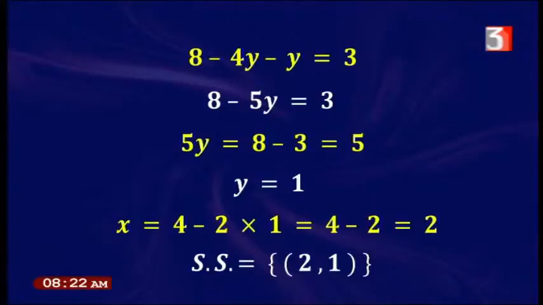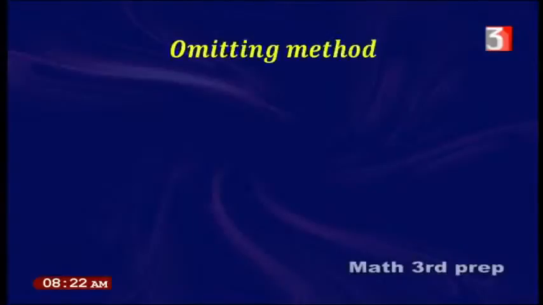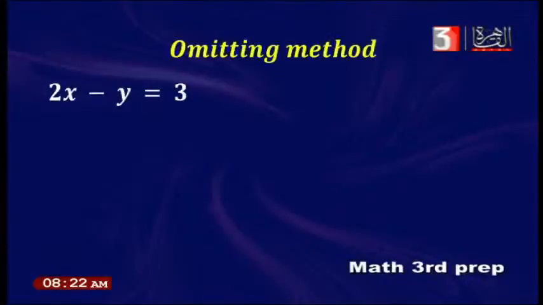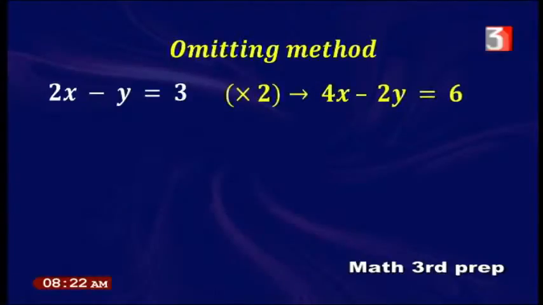How can we find the solution set of these two equations algebraically, but by using the other method, which is the omitting method? First of all, you have 2x minus y equals 3, and the other equation, x plus 2y equals 4. We are going to multiply this equation by 2, all the terms of the equation.